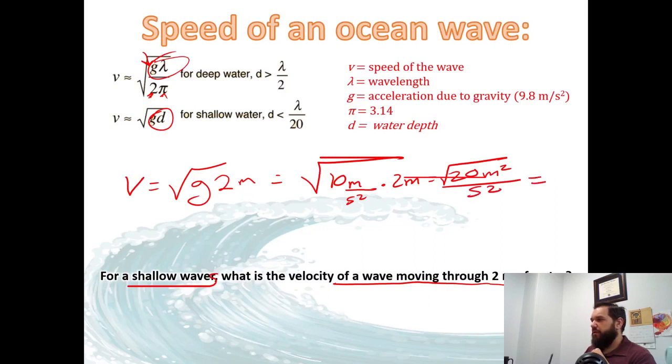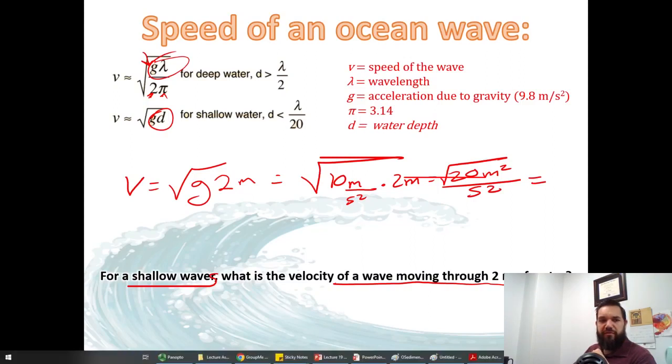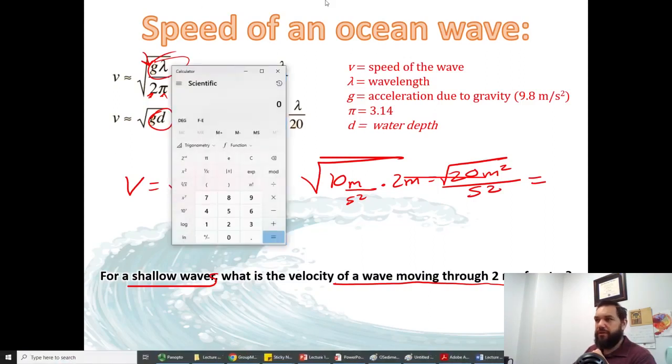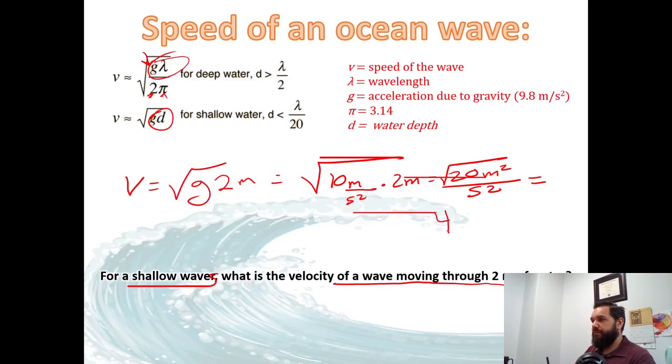What's the square root of 20? It's going to be somewhere between 4 and 5. Let's get our calculator out and see. Square root of 20 is 4.47, like I said, between 4 and 5. So it's 4.47 meters per second. That's the answer.